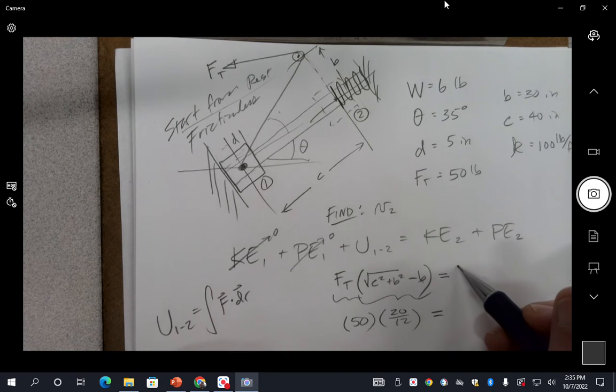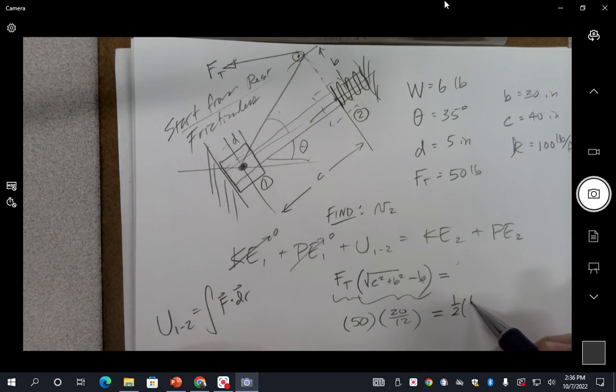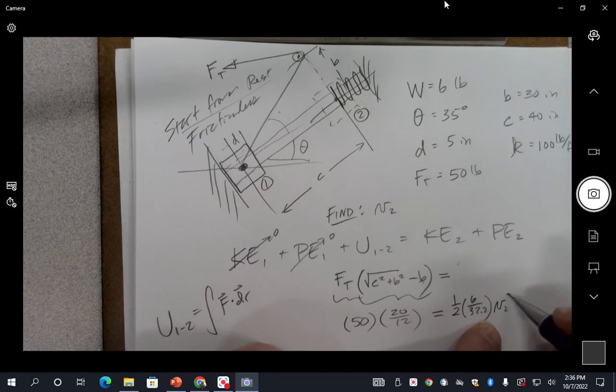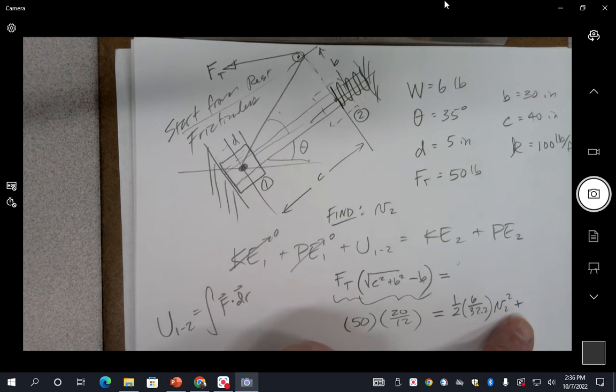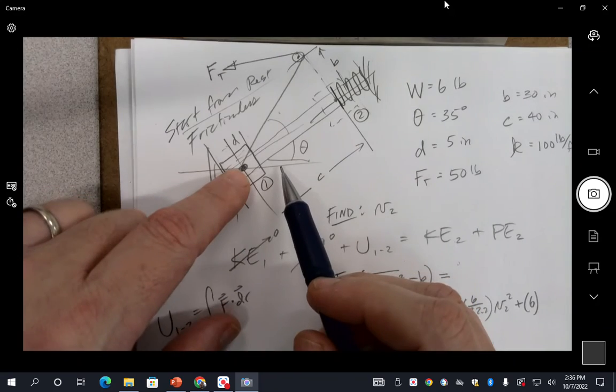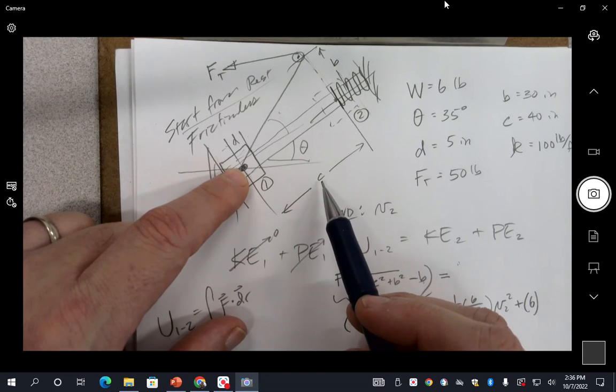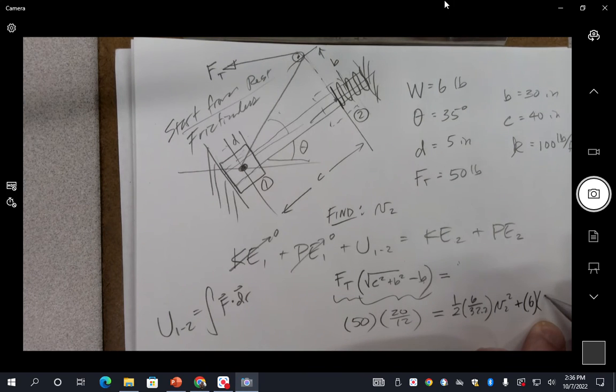And the kinetic energy is what we're trying to solve for. So, 1/2, the mass is 6 over 32.2. We're trying to get the V2, and the potential energy has two parts, right? The potential energy is going to go up, so we're going to have the weight of 6 times the distance, which is going to be 40 divided by 12 times the sine of 35.